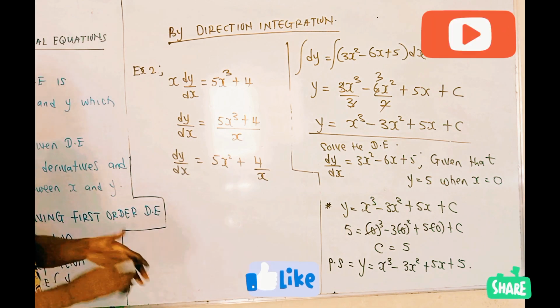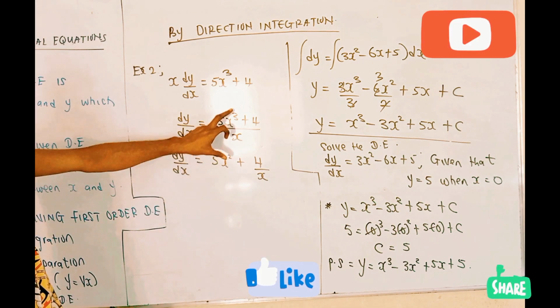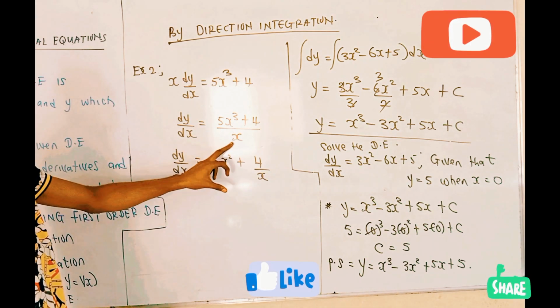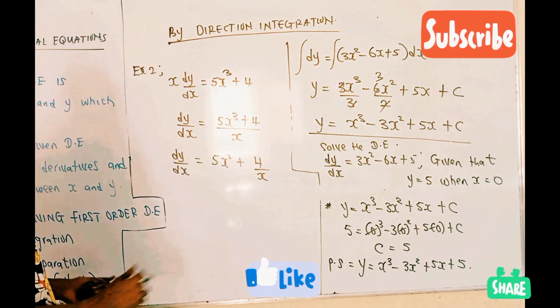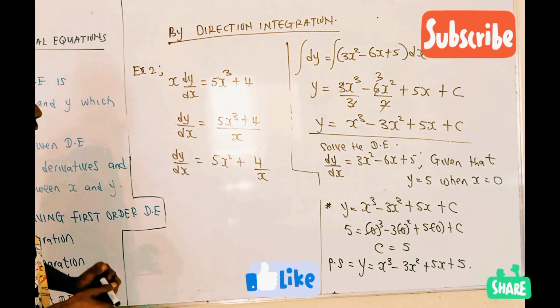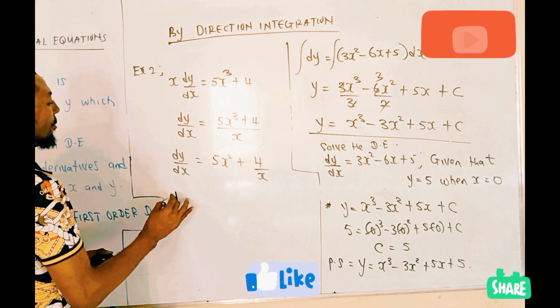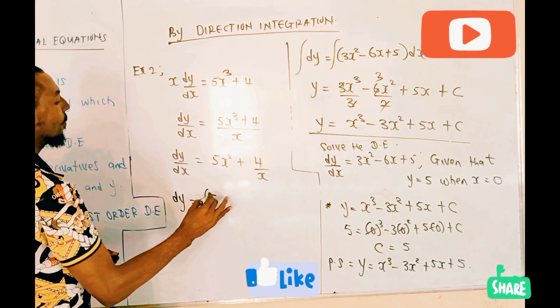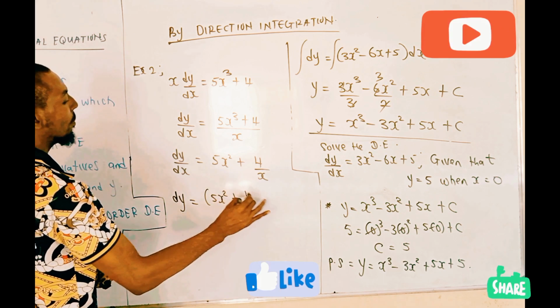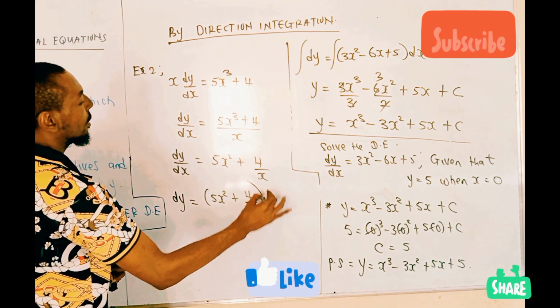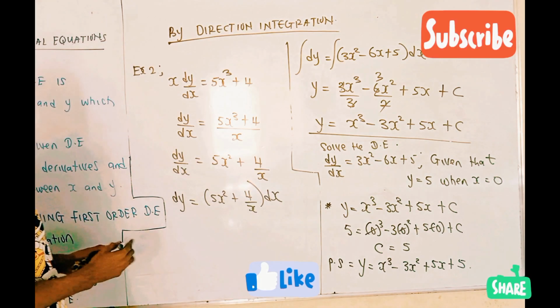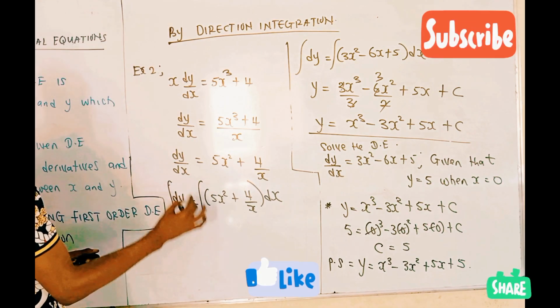As you can see, x divided into 5x cubed, one x removes one x, and the 4 stays over x, so we have 4 by x. Now we can cross multiply, so that dy is equal to 5x squared plus 4 over x, dx. Then integrating both sides now.